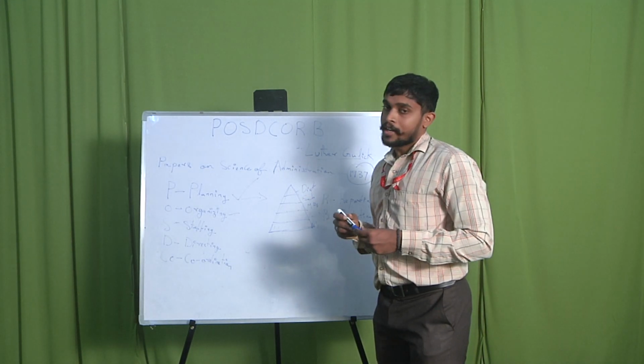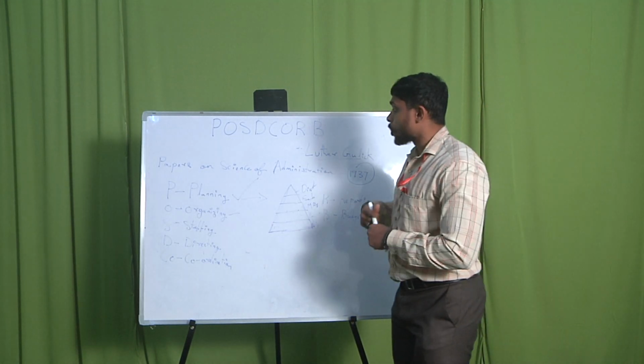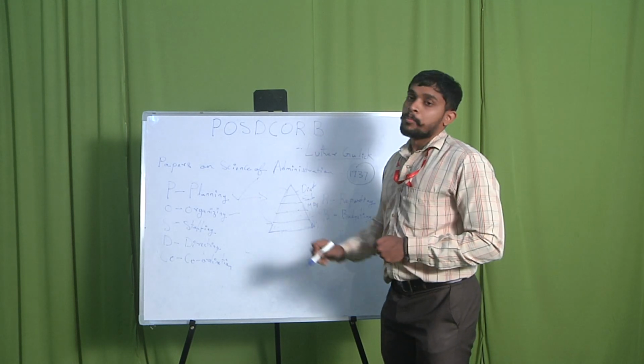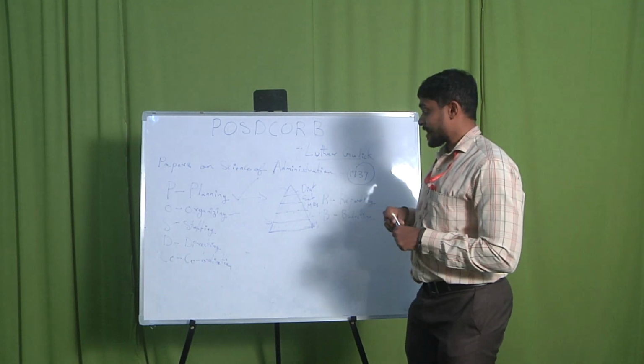This will be the organizing structure. That is a formal structure, showing how authority flows from the top level to the utmost grassroots level. That is known as organizing.